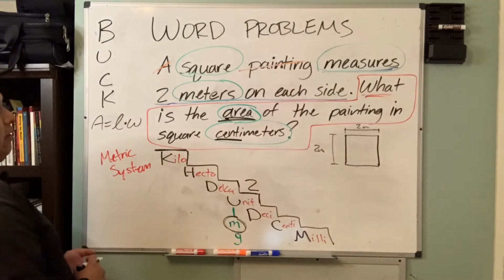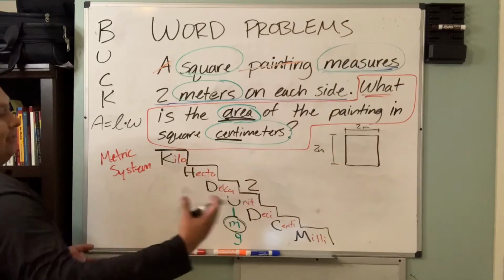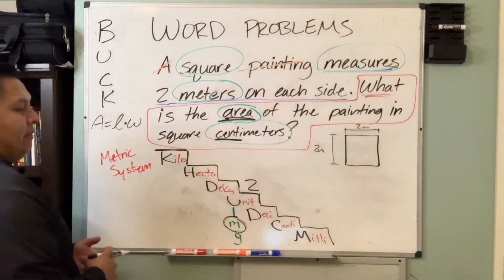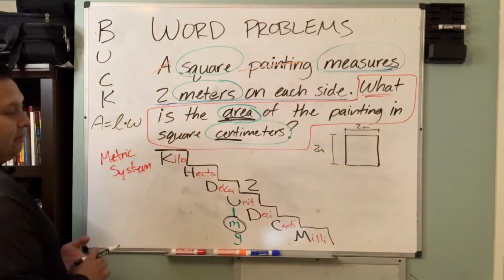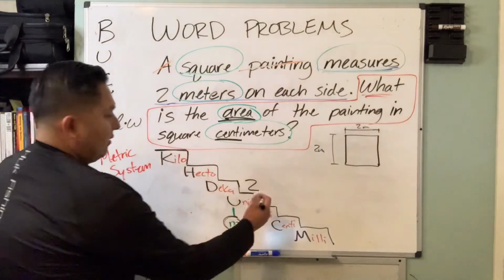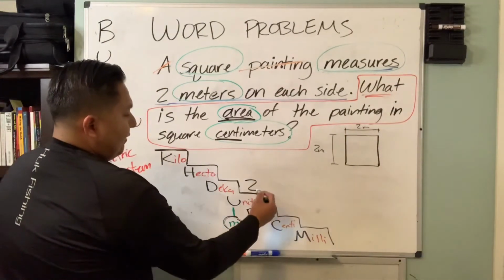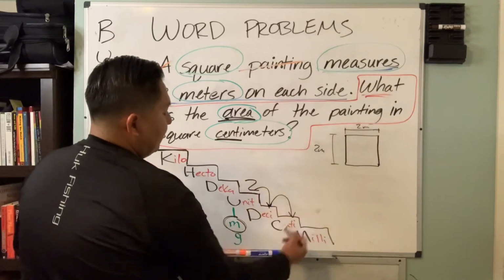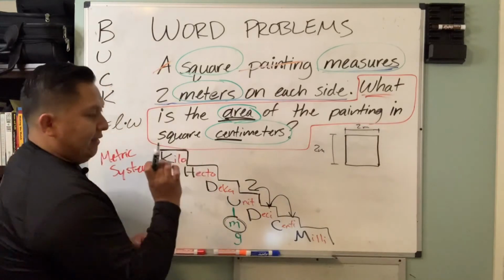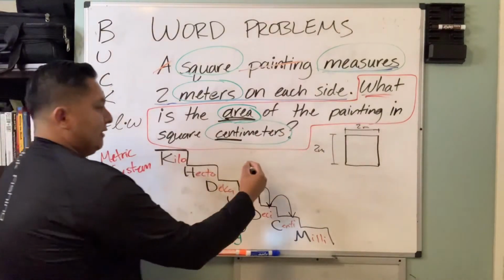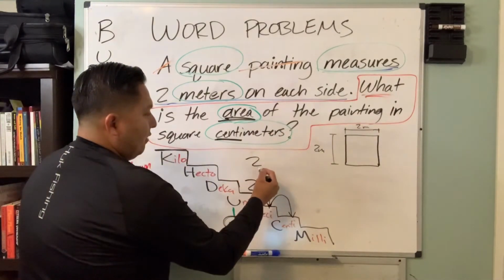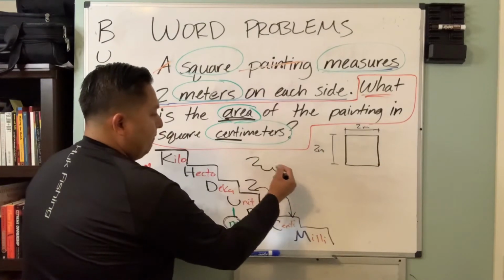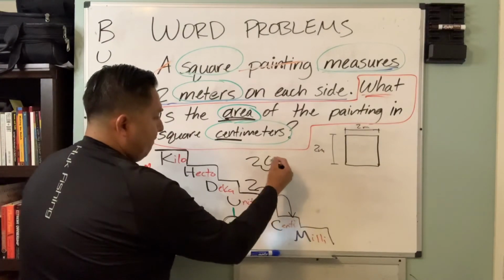and we're going to go to centimeters, we're going to find out how many centimeters are in 2 meters. So we're going to go from meters to centimeters. In other words, we just move that decimal point to the right twice. So 1, 2, and then put our decimal point there.